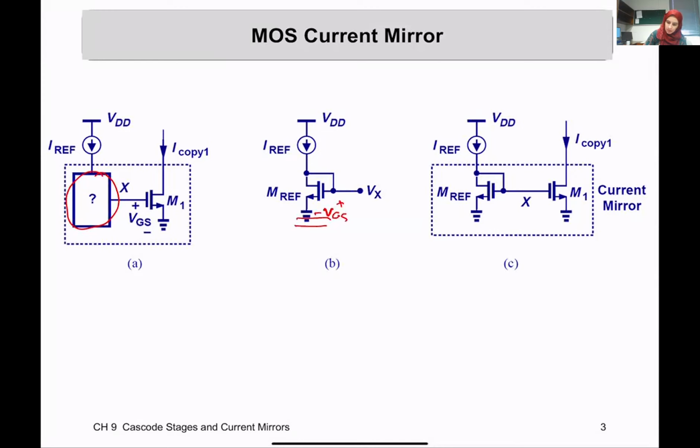The VGS of this MREF is equal to the VGS of M1. If you do a KVL here, you will find that their VGSs are the same. That allows the currents to be the same if the widths are the same. If the width is increased, then with the same ratio, the current is going to be increased.